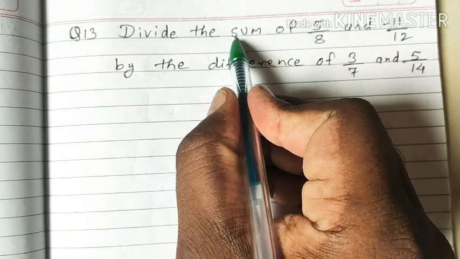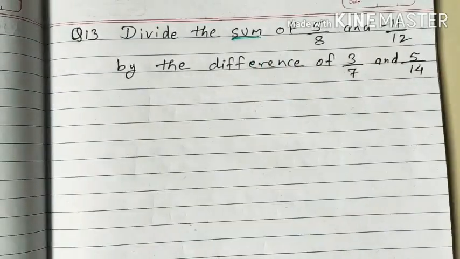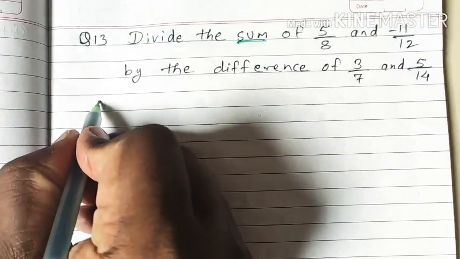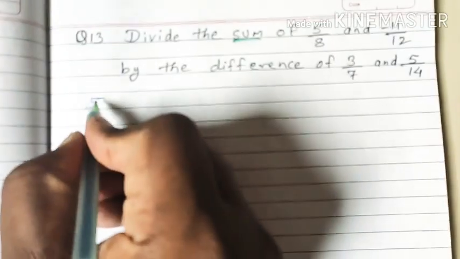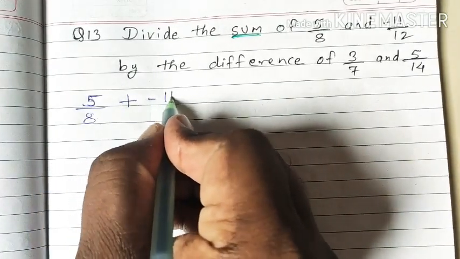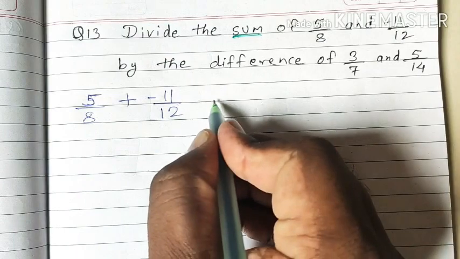First, we need to find the sum of 5 upon 8 and minus 11 upon 12. So let us make a sum of these two numbers: 5 upon 8 plus minus 11 upon 12.